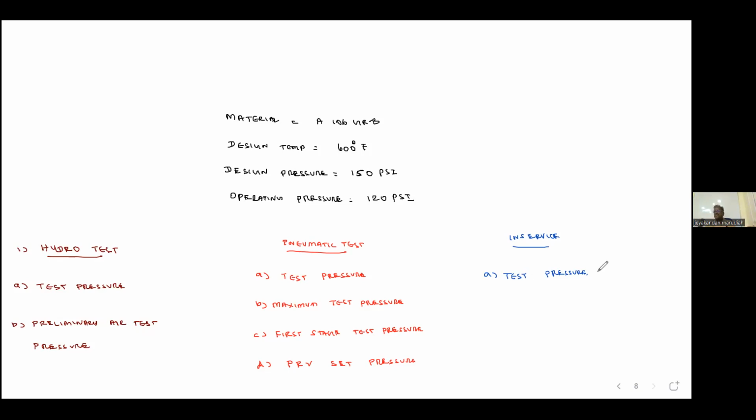So the stress we have to take from Table A-1 in Appendix A. Okay, the test temperature is room temperature. Room temperature means less than 100 degrees Fahrenheit.